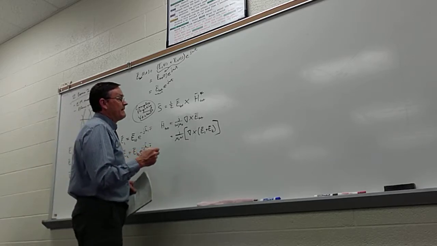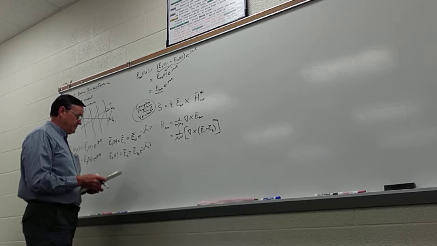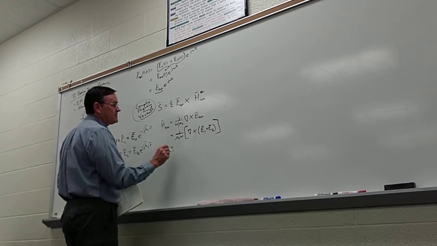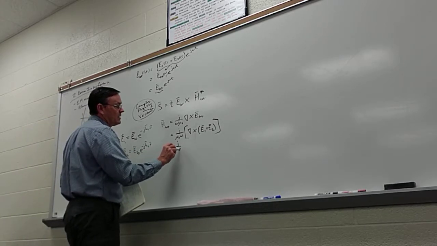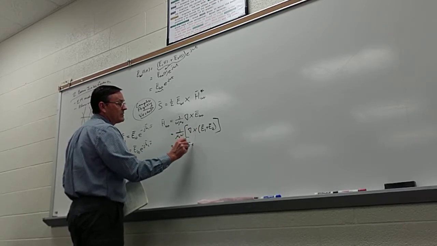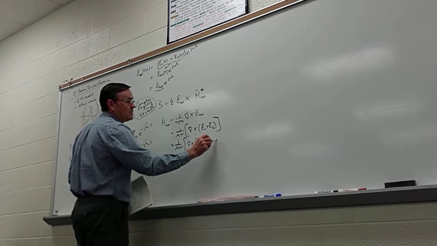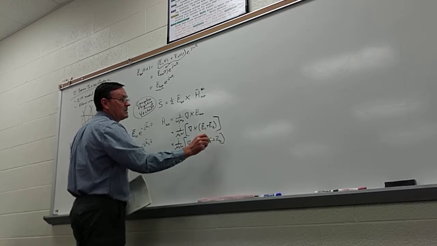And then we'll get there. Okay, so that gives me j over mu naught omega, and then I can pull the curl through, so I have the curl of E1 plus the curl of E2.